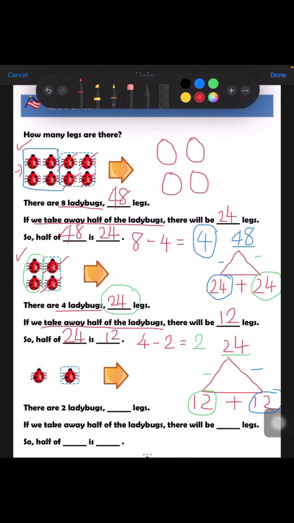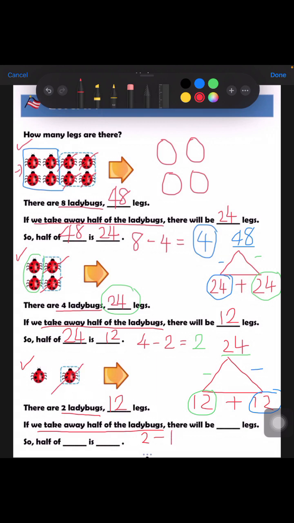And then we look at the next question. Do you know how many ladybugs are there? Yes, there are 2 ladybugs. And how many legs in total? Yes, it's 12. If we take away half of the ladybugs, that means 2 ladybugs, we take away how many ladybugs?